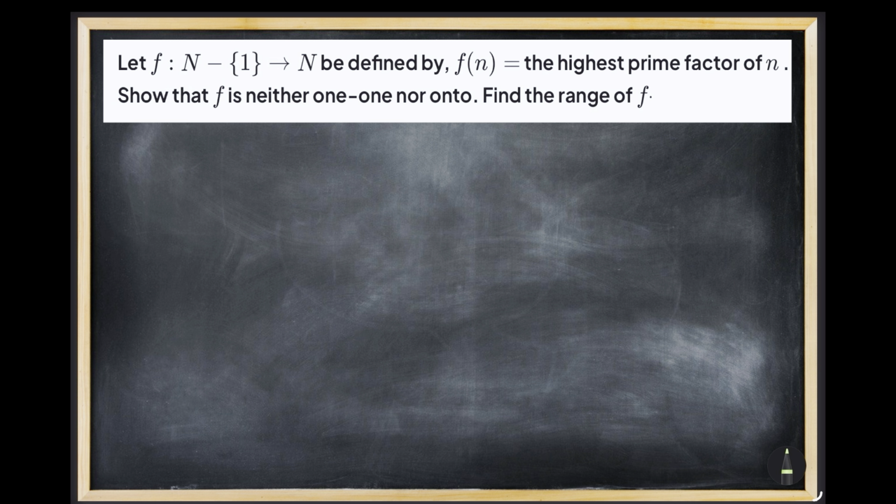So, we are back with a wholesome new question which says: let f be defined from N minus 1, meaning natural numbers minus 1. So the domain starts from 2, 3, 4, 5, 6, 7, 8, 9, and so on. So, this is your domain.